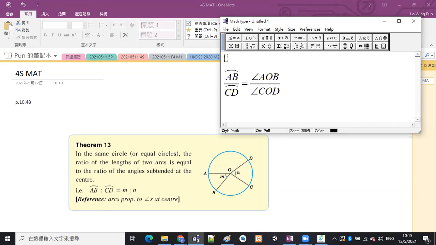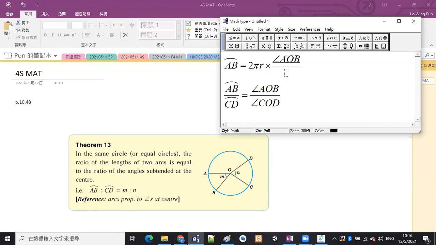So arc AB, because we know that the arc length is calculated by 2 pi r times theta over 360 degrees. In this circle, we let r be the radius of this circle, and then arc AB is calculated by 2 pi r times angle AOB divided by 360 degrees, right?